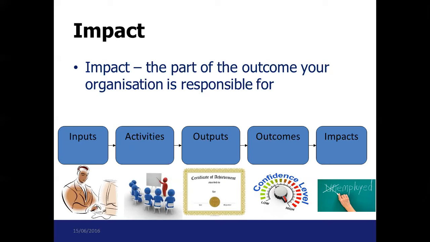And then the key bit is saying, well, from that outcome that has been achieved through this training course, what is the actual impact that you as an organisation can claim? So what difference are you responsible for? And in this case, because their confidence has increased, they've then been able to go on and secure a job. And that impact is all down solely to the work that your organisation has done.